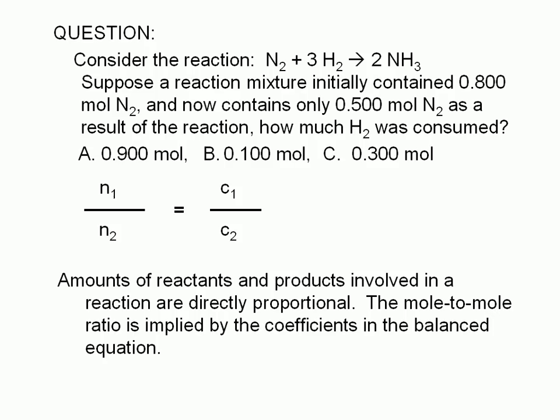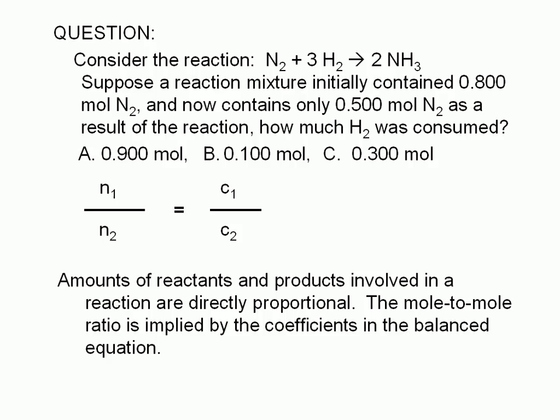The changes in the amounts of reactants and products involved in a reaction are directly proportional, and the proportionality is implied by the coefficients in the balanced equation. We can summarize this fact using the equations shown here.